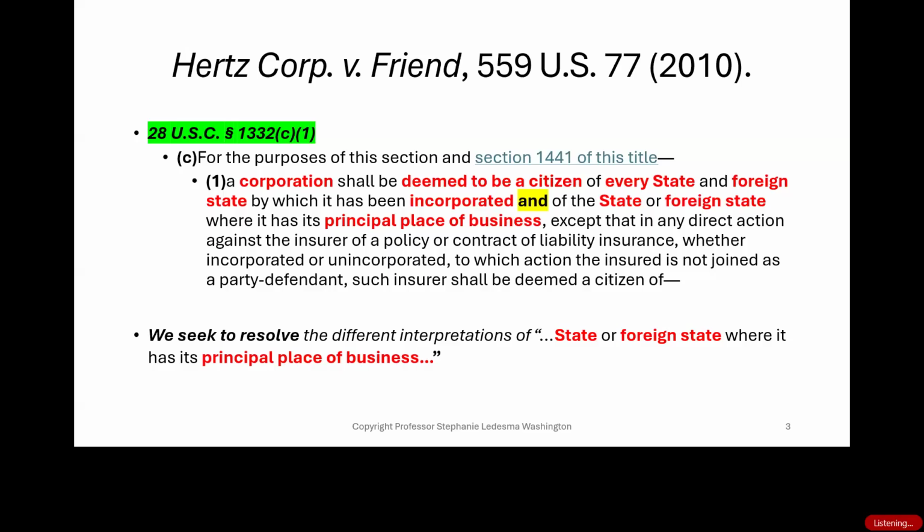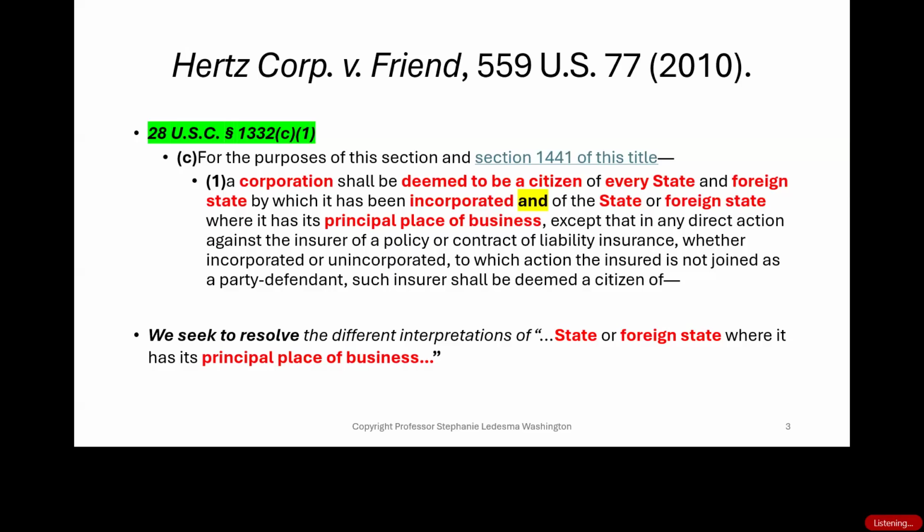Let's turn our attention to the rule of law. The rule of law that governs corporate citizenship is 28 U.S.C. 1332(c)(1). And it states, a corporation shall be deemed to be a citizen of every state and foreign state by which it has been incorporated, and of the state or foreign state where it has its principal place of business.